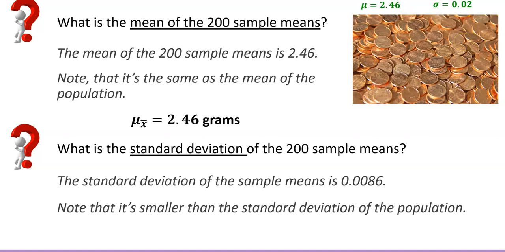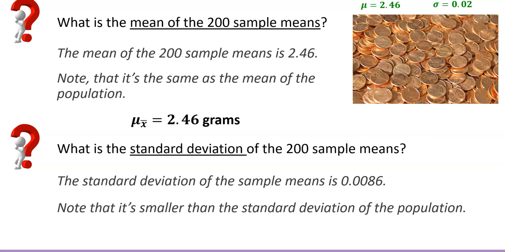And that should make some sense, because if we consider all the original coins in the population, there could be some extreme values, like coins that are much heavier than the rest of the coins, and then coins that are quite lighter than the rest of them, even though the majority of them are around the mean.